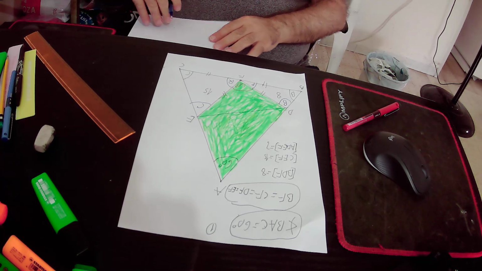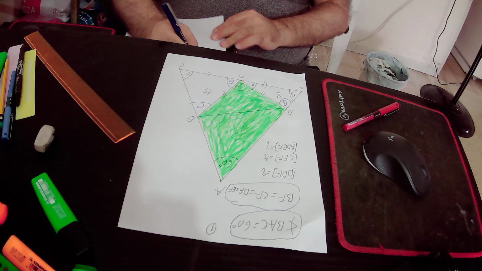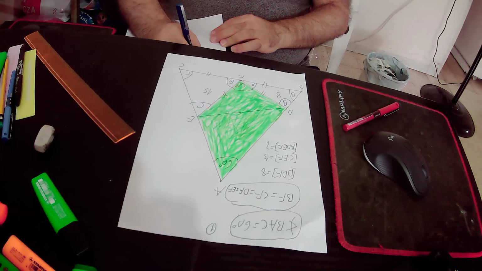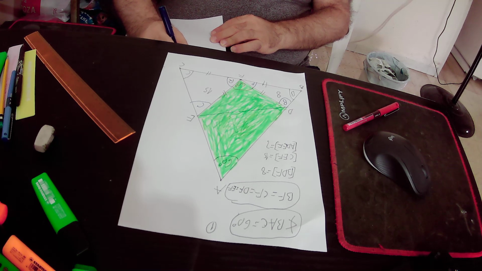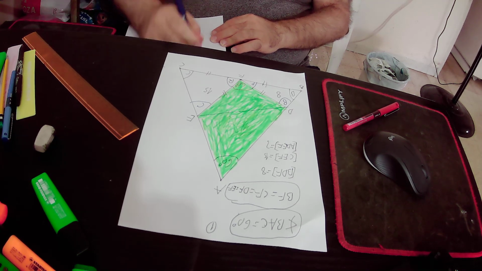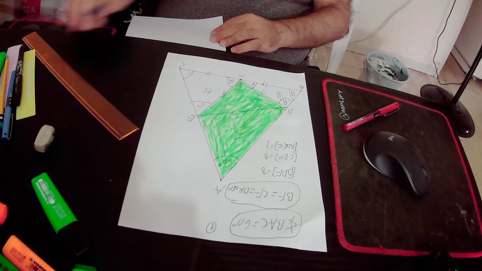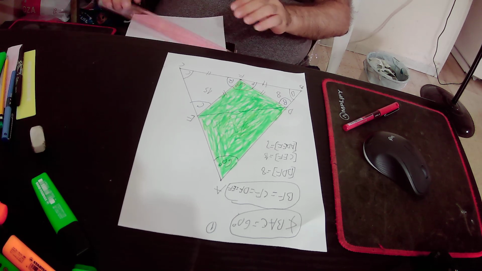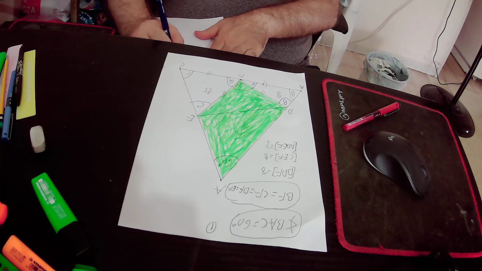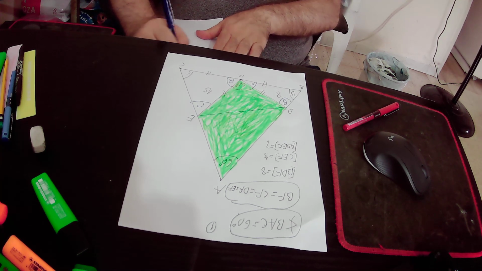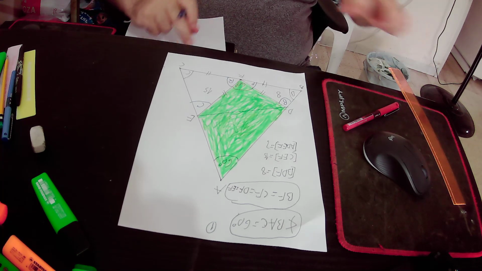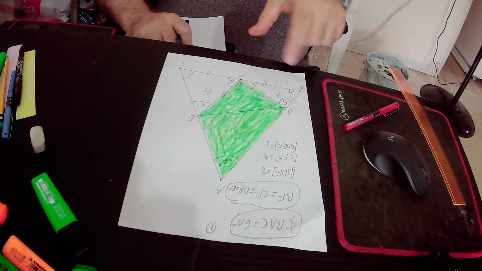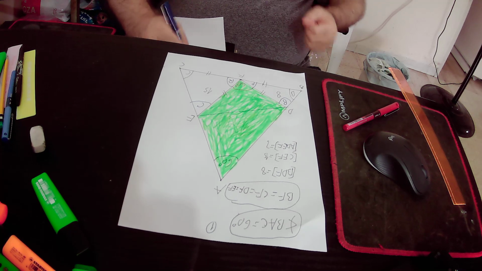If we look at triangle EFD, we know that side DF of triangle EFD equals side EF.